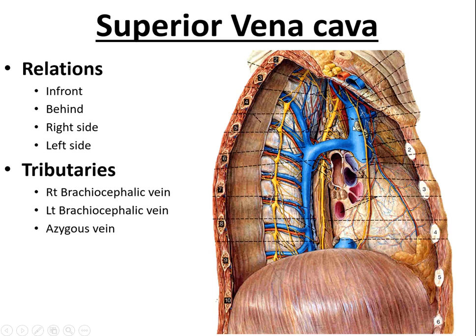Another major tributary is the azygos vein, which arches over the root of the right lung and drains into the superior vena cava just before it pierces the fibrous pericardium. In addition, it also receives the pericardial and mediastinal veins.